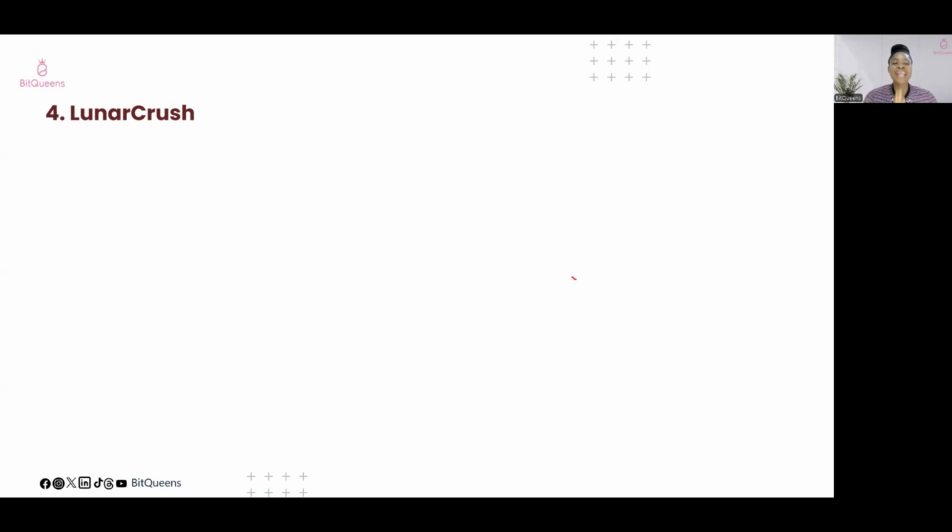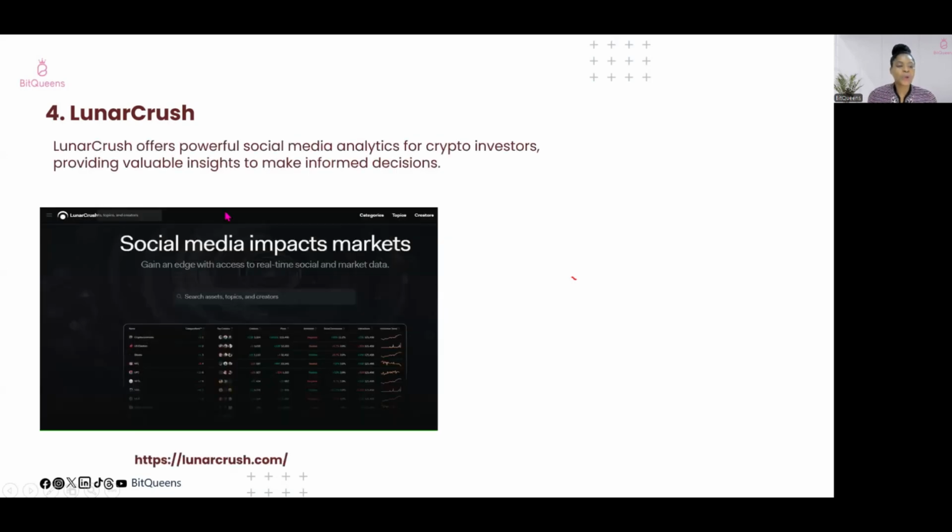Lunar Crush lets you in on people's sentiments about a particular project, not just people, but experts in the field. So it's a powerful social media analytical tool for you as an investor or a trader, so that you get valuable insights and make informed decisions. We're not just talking about any kind of people.